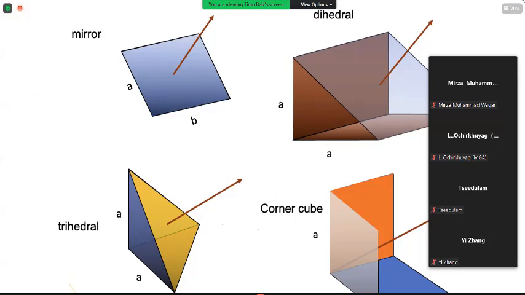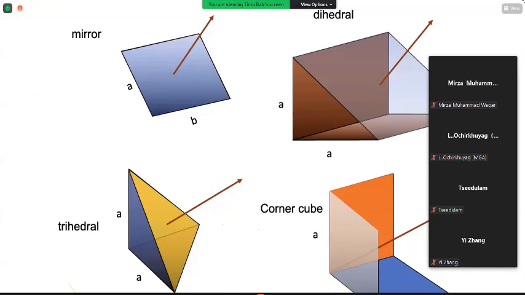Or the dihedral, which is basically any rectangular, perpendicular form, where we have then this double bounce scattering. Trihedral and corner cube, where you will have even triple scattering, which gives an even stronger signal then.